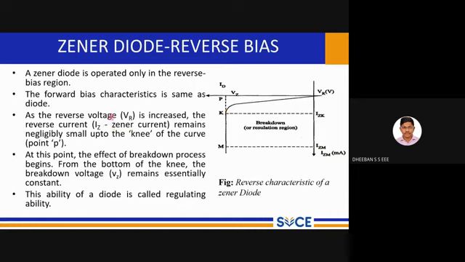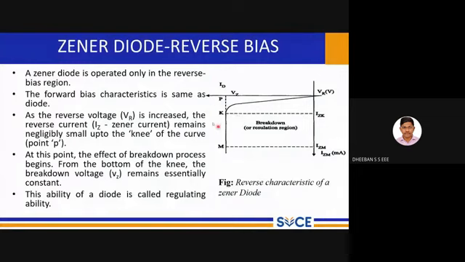As the reverse voltage is increased, the reverse current remains negligible, small, up to the knee of the curve. Knee of the curve means this point. Up to this point there doesn't occur any breakdown, that is, the conduction is not significant.